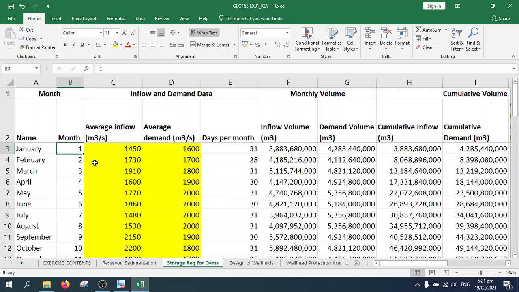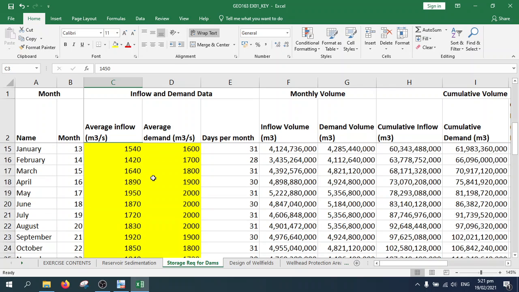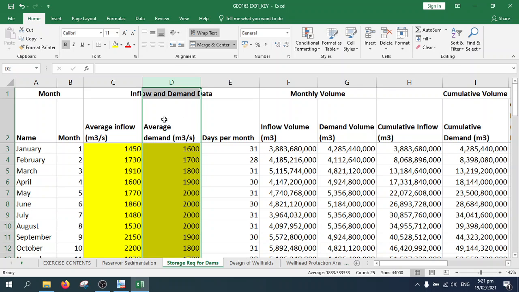Month number from 1 to 24. And then another column is the average inflow rate in cubic meters per second for 24 months. And then the next column is the average demand in cubic meters per second.